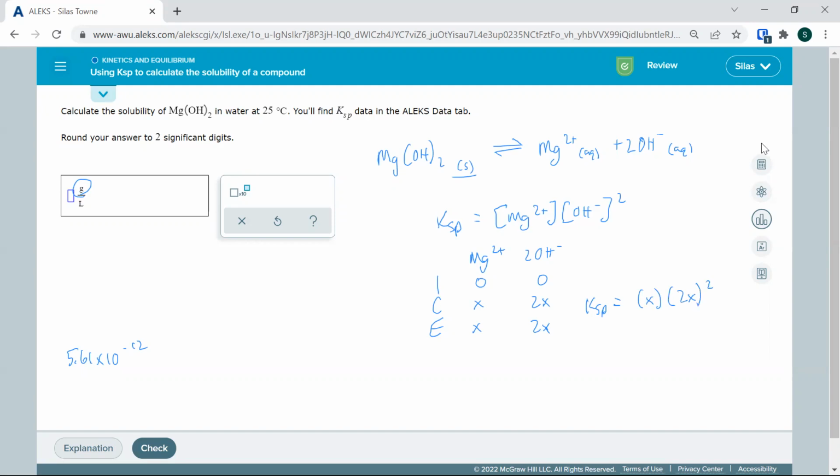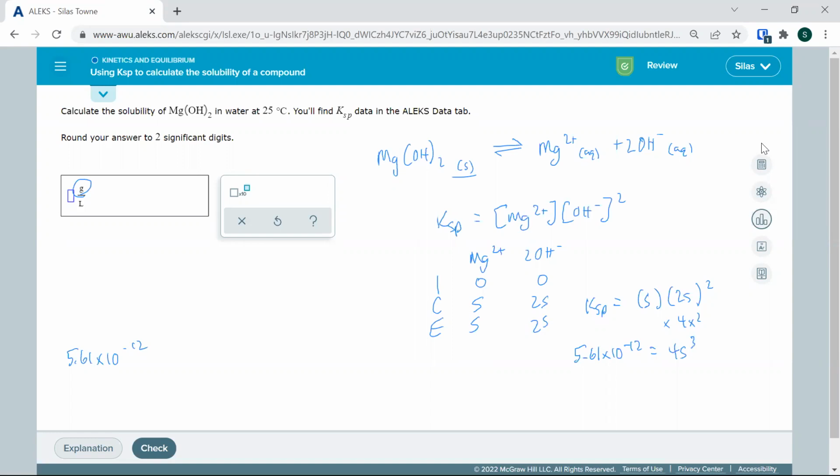All right, 2x squared is 4x squared times x. So we got KSP, which is 5.61 times 10 to the minus 12th, is equal to 4x cubed. The first thing I'm going to do is solve for x. Now, maybe a better way to put this, and you see me do it in class, is to make these S's, because we're solving for solubility.